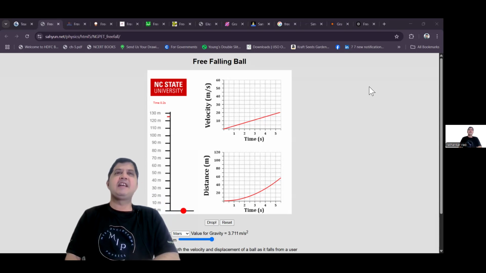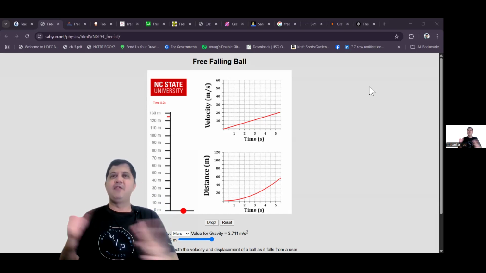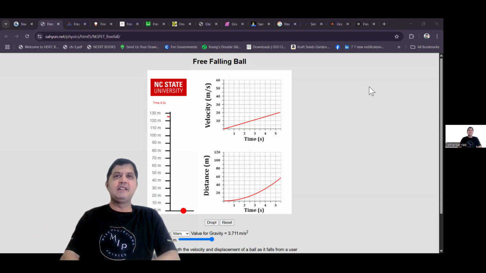That's what even I had been thinking. But later, when I started to look into it in detail, I thought, why not extend it a little bit towards gravitation? There are many questions asked in IB papers related to free fall.